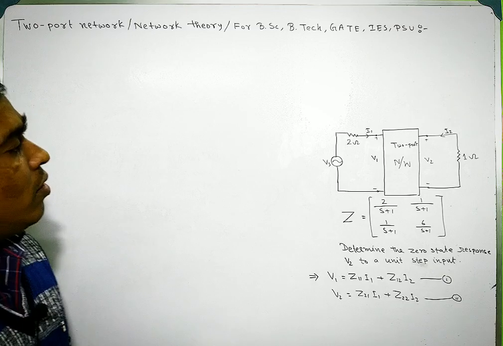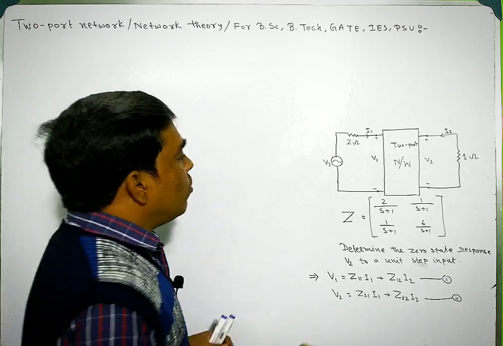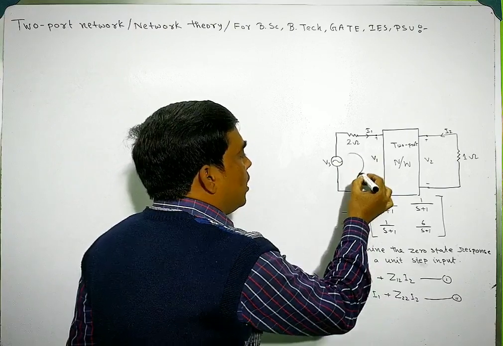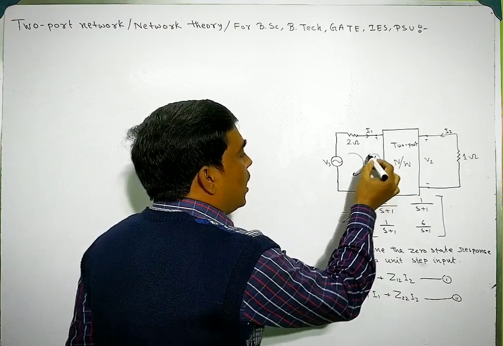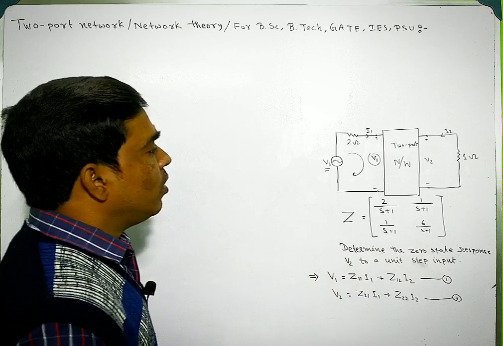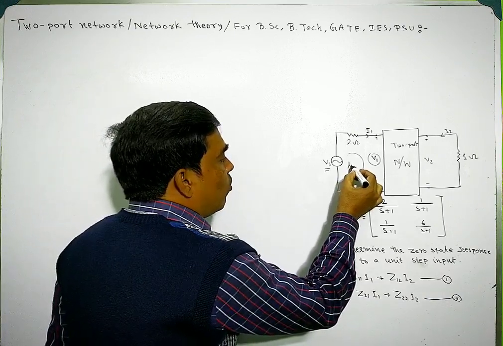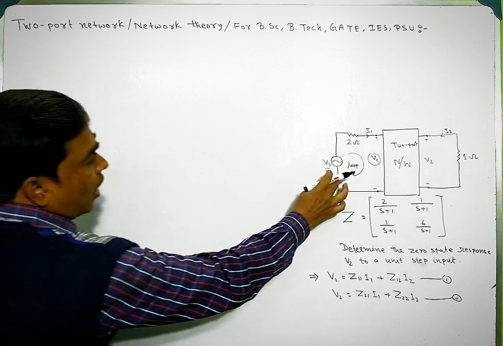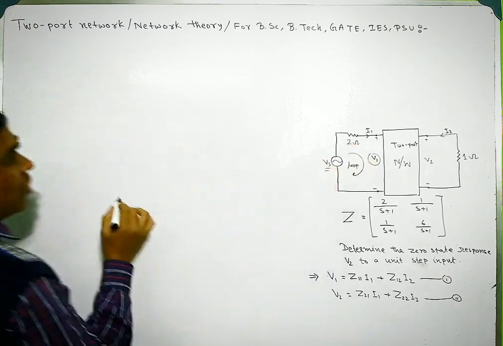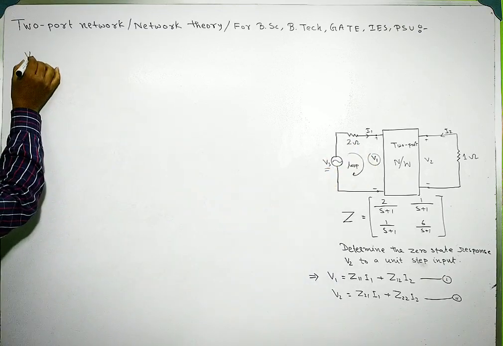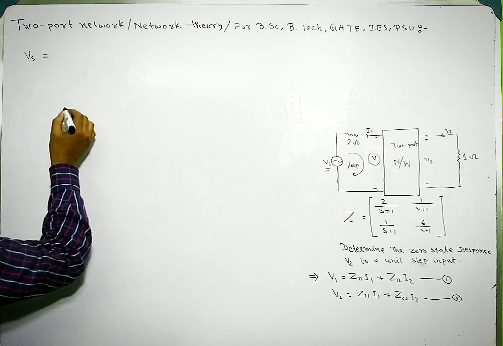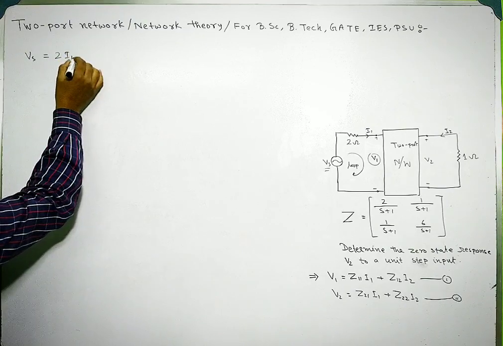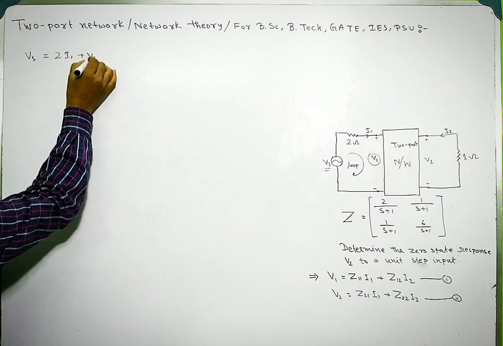Now I have to find the relation between V1 and Vs. If I take this loop, then I can say that Vs is given by 2 into I1 plus V1.